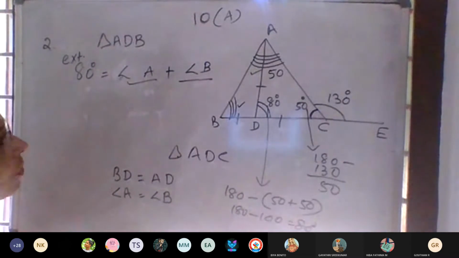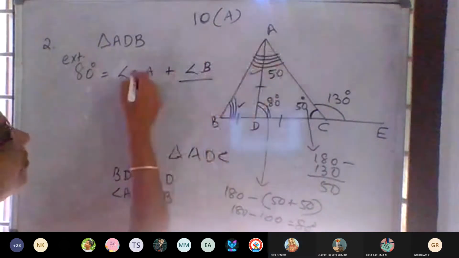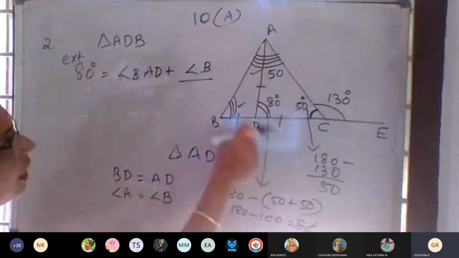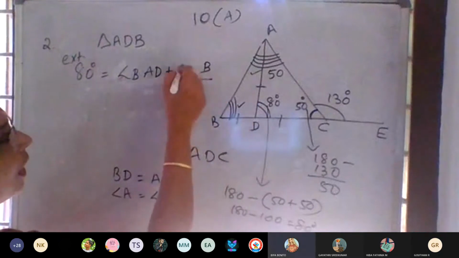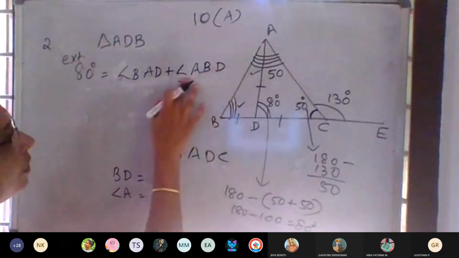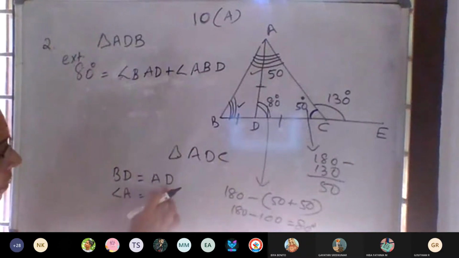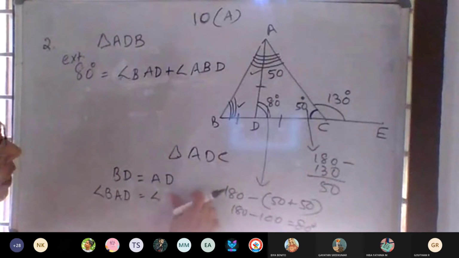Understood, no? Yes, ma'am. So I will replace this angle A as angle BAD, and instead of B we can write it as ABD, if you are considering triangle ADB. Since BD is equal to AD, angle BAD will be equal to angle ABD.